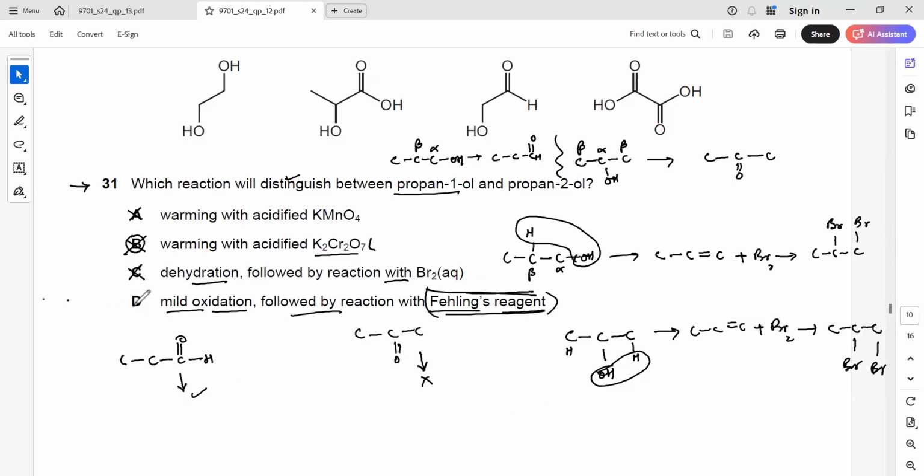So yes, option D is correct in this case. That's how we can differentiate between primary alcohol and secondary alcohol. Clear?